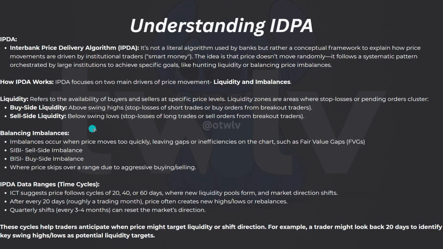To sum it all up simply, is price rushing or is price consolidating? So if we know based off IPDA that price is in a bullish delivery phase, then we know that any bearish move is either a pullback or short-lived, aka manipulation.